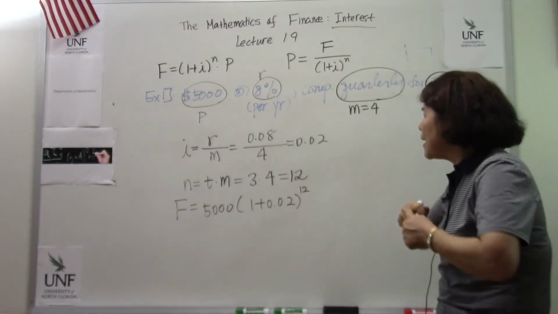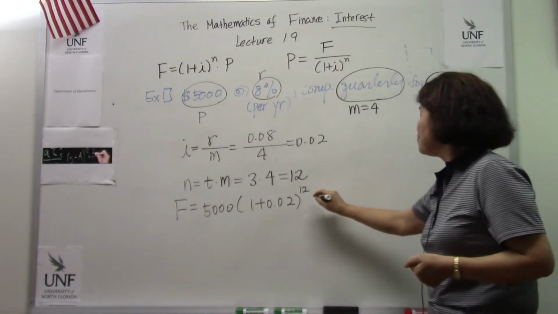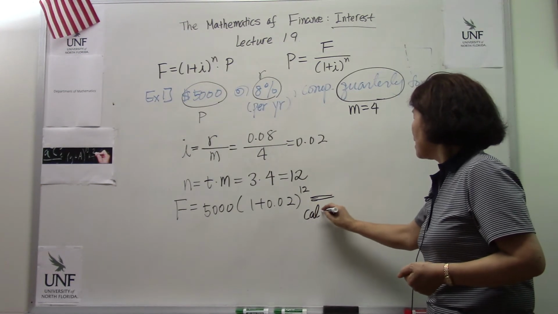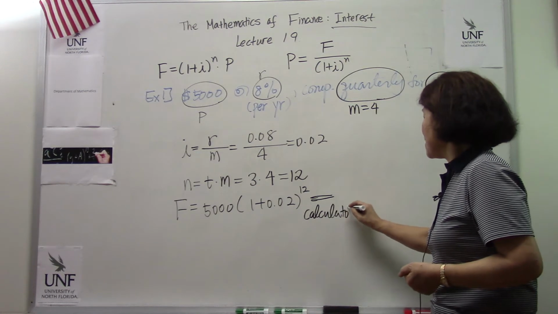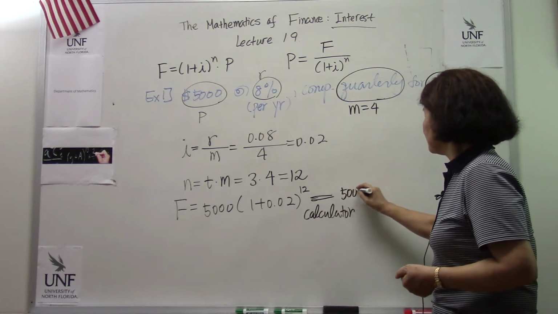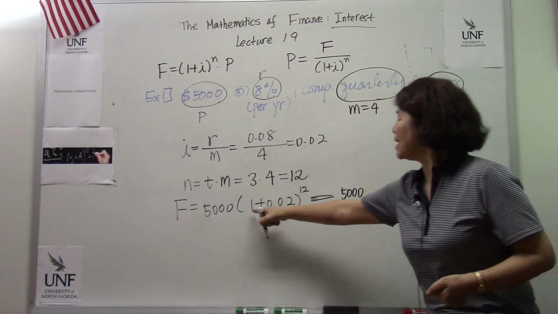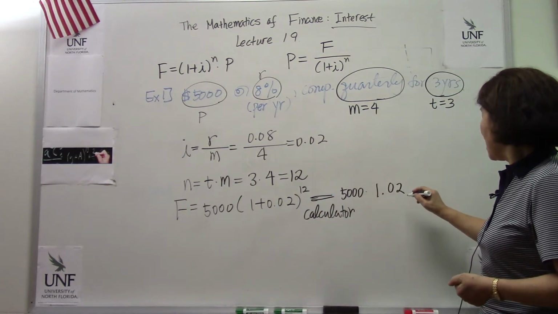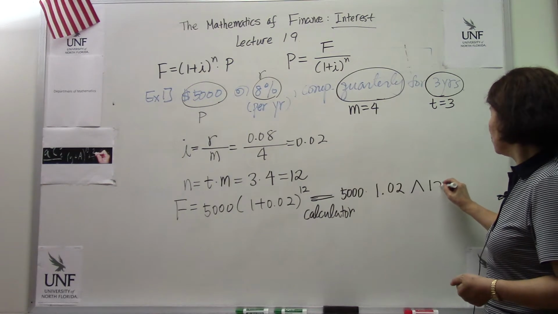When you do this, I literally write this, but for your calculator purpose, what is best? 5,000 times, you can do this one in your head, this is 1.02, and then make a power of 12.